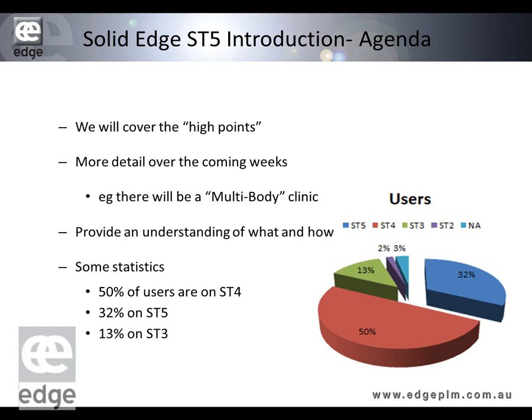Just a few statistics. When you register for this webinar, I ask you some questions, and here are the results. 50% of our users are on ST4, which I expected to see, but 32% are on ST5, and that's gratifying to see. It's only been available for a short time, and that number's growing quite quickly.